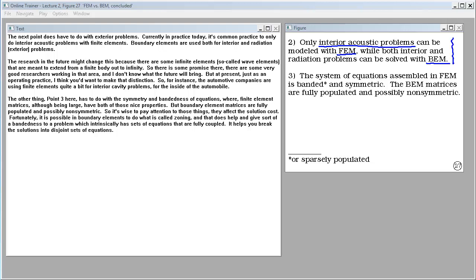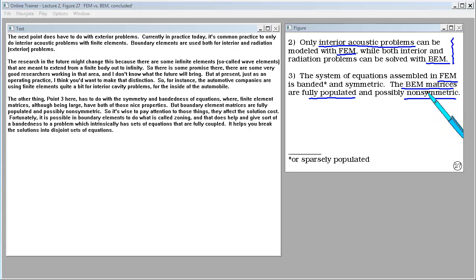The other thing, point 3 here, has to do with the symmetry and bandedness of equations, where finite element matrices, although being large, have both of those nice properties. But boundary element matrices are fully populated and possibly non-symmetric. So it's wise to pay attention to those things.